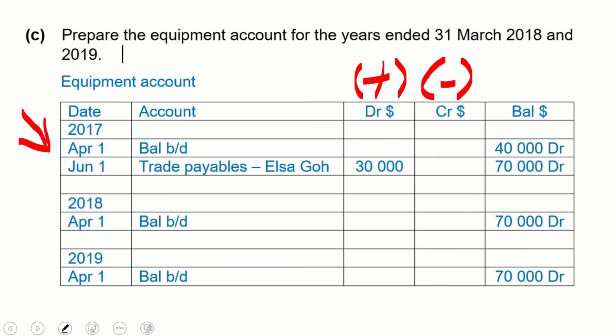So that is where this balance brought down comes from. In the very first year, you bought an equipment from Elsa Gold, so you record equipment increase, plus or debit, by 30,000. The other account affected is trade payables, Elsa Gold.